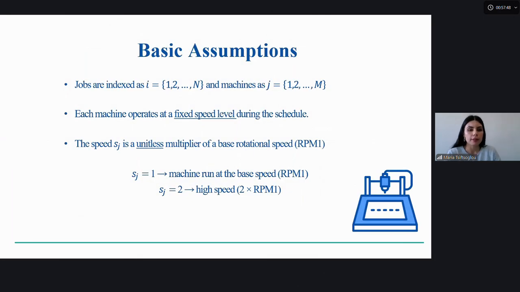We assume that each machine operates at a fixed speed level during the entire schedule. The speed, defined as Sj, is a unitless multiplier of the base rotational speed, which we call RPM1. When Sj equals 1, the machine runs at the base rotational speed, while when Sj equals 2, the machine runs at double that speed.